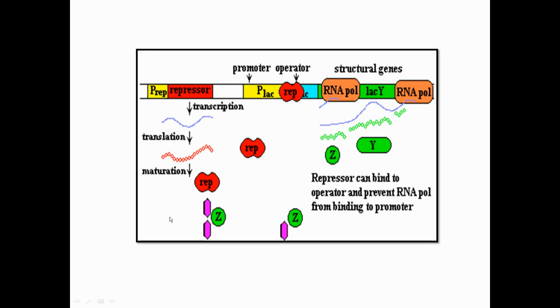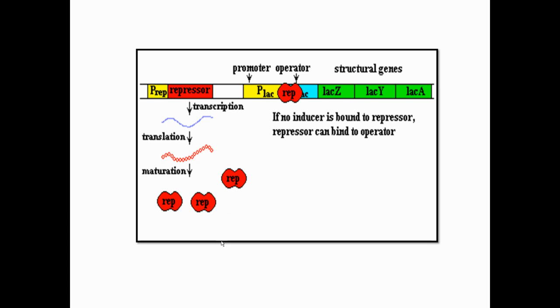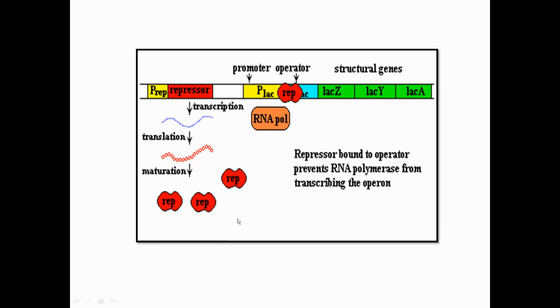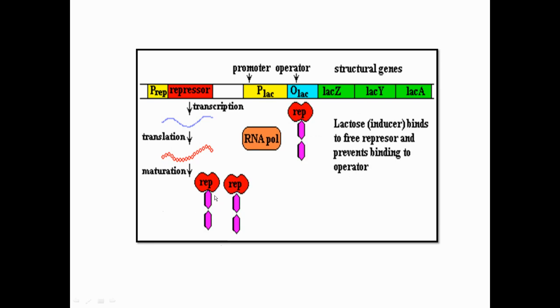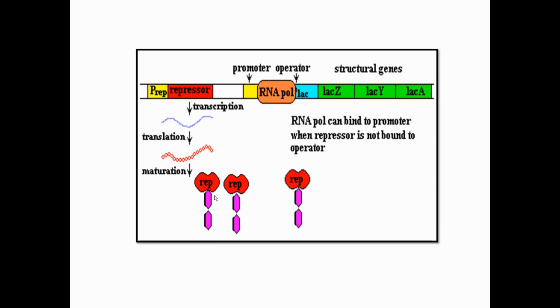When lactose is going to be present in the outer medium, and it is being absorbed by the E. coli, that ultimately leads to the binding of the inducer with the repressor protein.